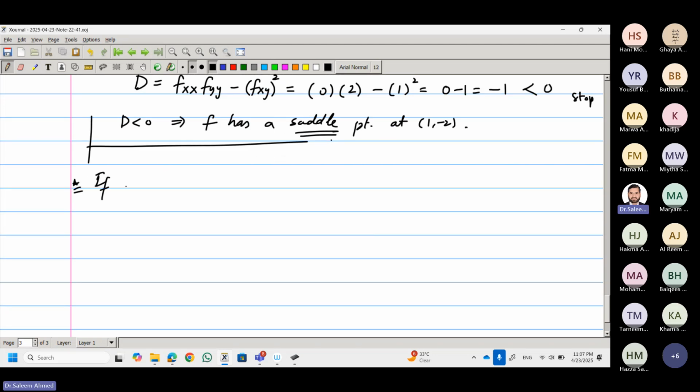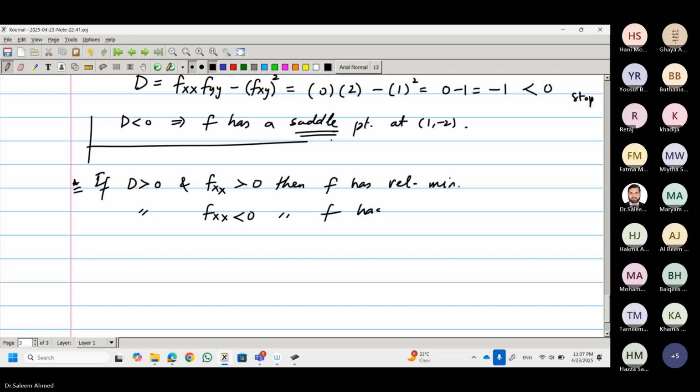But note that if D comes out to be positive, then we also check what fxx is. If D is positive and fxx is also positive, then f has a relative minimum at the critical point. And if D is positive and fxx is negative, then f has a relative maximum. So both minima and maxima come for D positive.